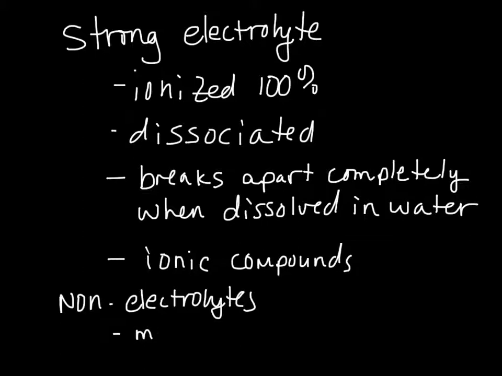So water just surrounds the whole compound instead of pulling the compound apart like it does in ionic compounds. Again, weak electrolytes are only partially ionized, not 100%. So those are our last few terms for dissolving compounds in aqueous solutions.